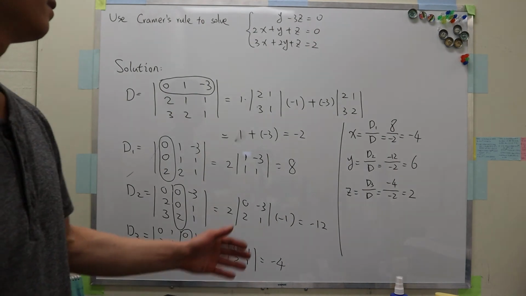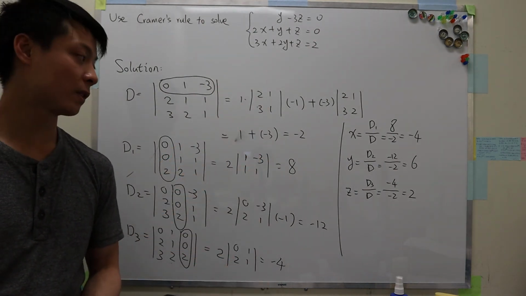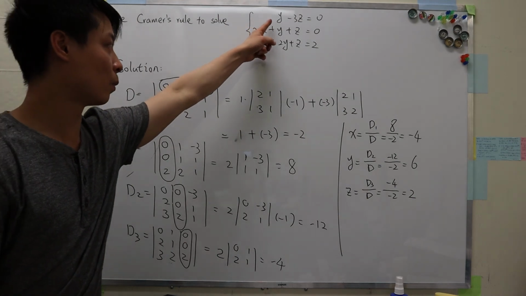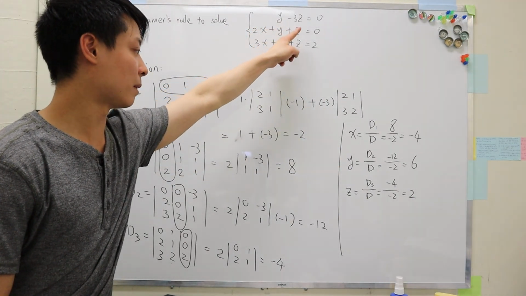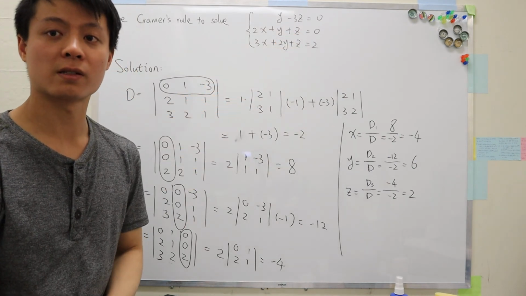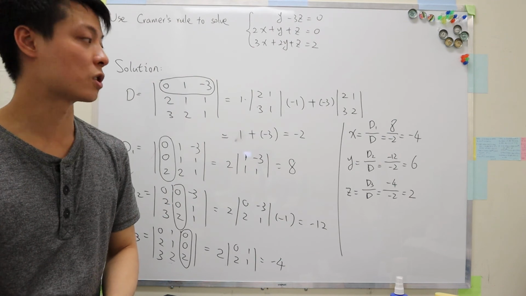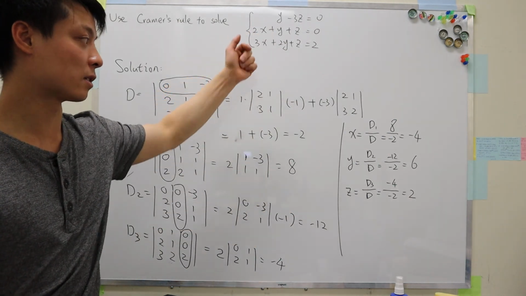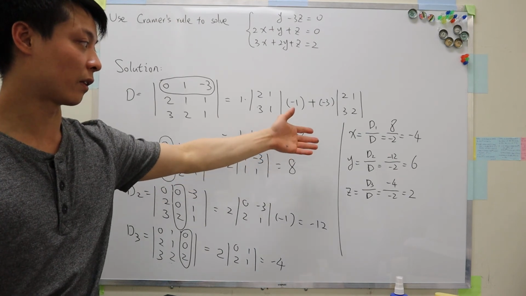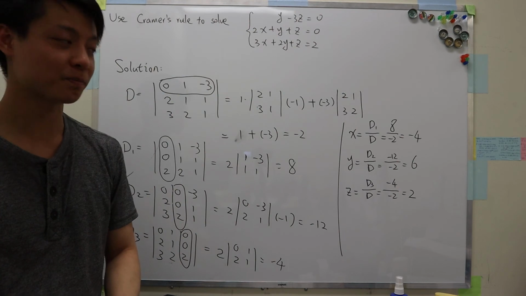We can plug into the original equations to verify our solution. For example, the first one, you have y, plug in 6, right? 6 minus 3 times 2, 6 minus 6, which is 0. So it satisfies the first equation, which means it's correct. Now we can check the second equation in the same manner, and you can see that this is exactly the solution of this linear system.